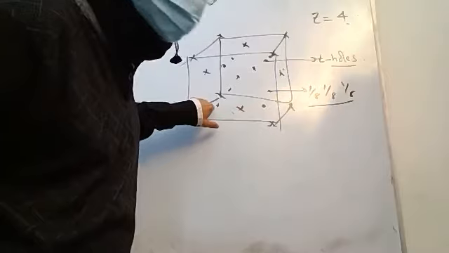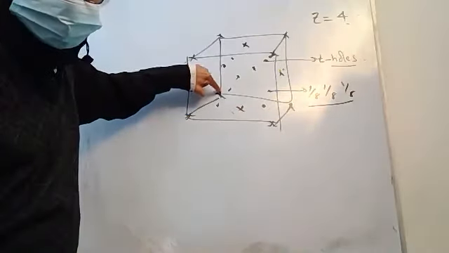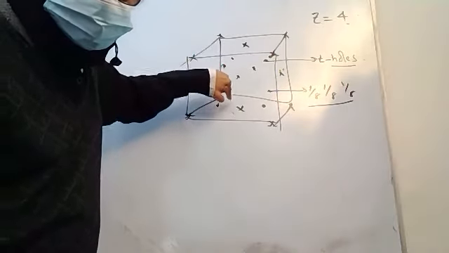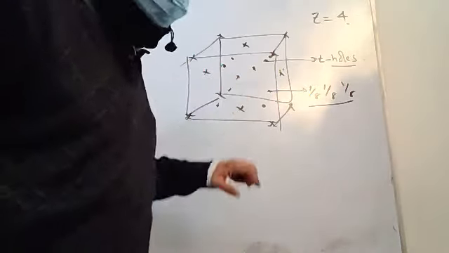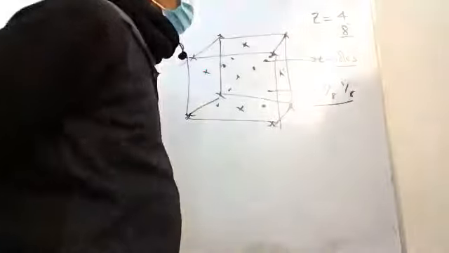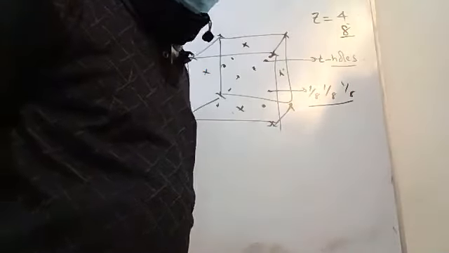That will be a tetrahedral hole. Similarly, you can go to the next atom in the corner, consider that as the origin, and again draw 1/8, 1/8, 1/8. So you will have a total of 8 tetrahedral holes. So what is the relationship between Z and the number of tetrahedral holes?